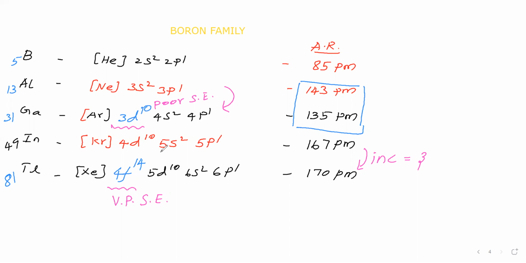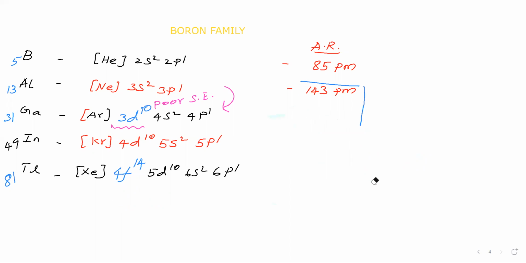That we have to see. Now, boron compounds we will see. One example for boron compound is B2O3, boron trioxide. Next example is metaborate.